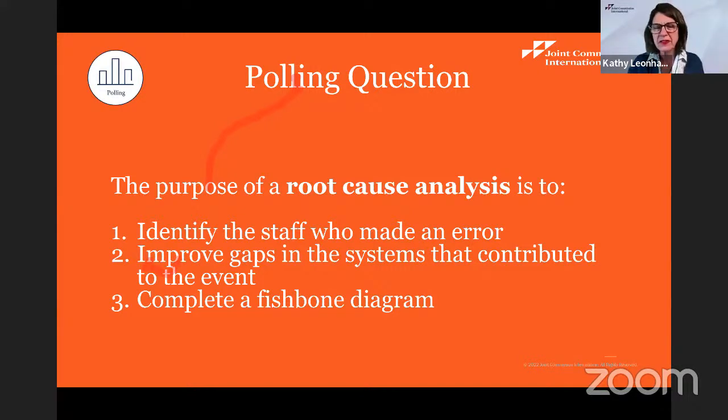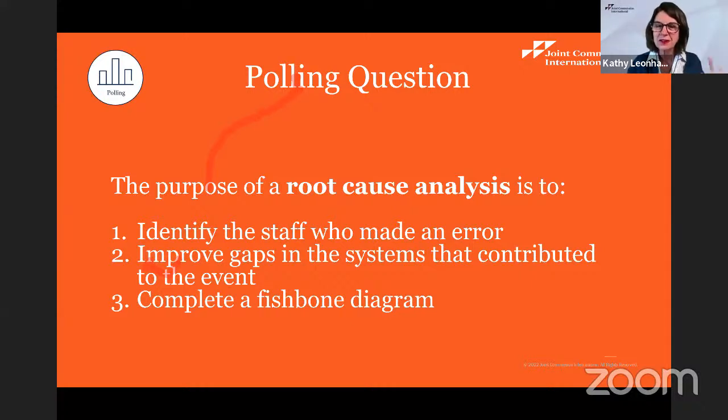So I know many of us equate RCA with this fishbone diagram, and there's 2 important points about that. It is a tool, but it's only one of many tools that can be used as part of your RCA. And I'm going to introduce a few more that can be used and should be used. And the other important point of this is that the tools themselves are not important. Tools are just mechanisms to collect and organize your data.